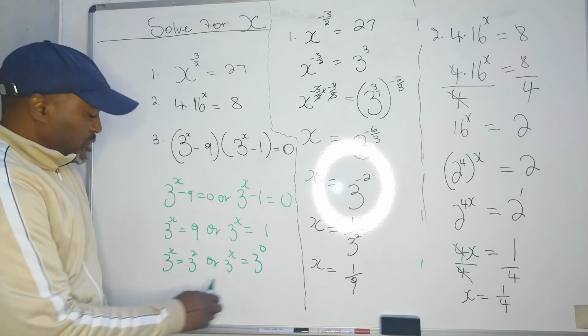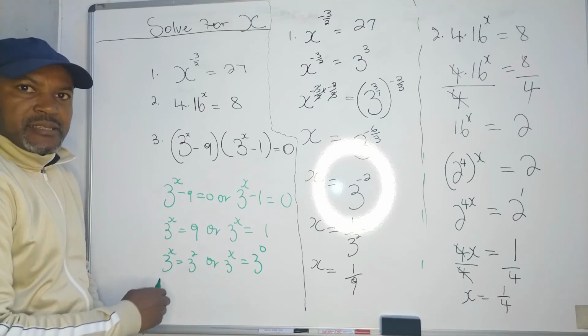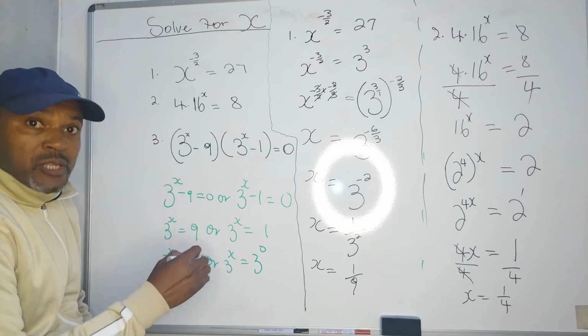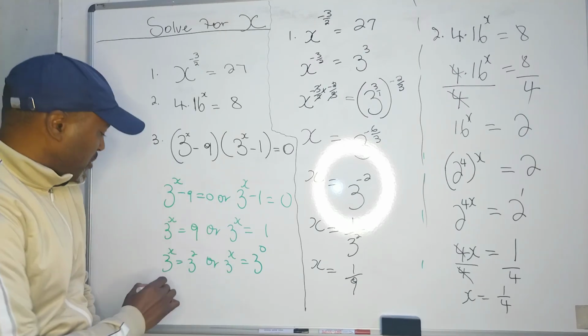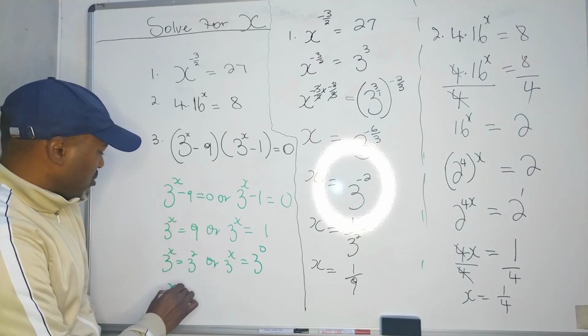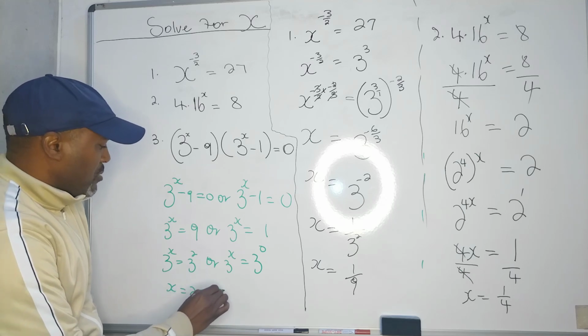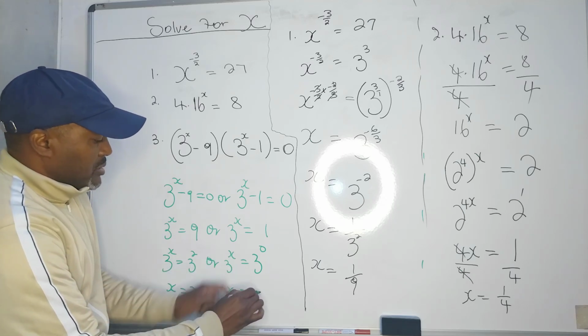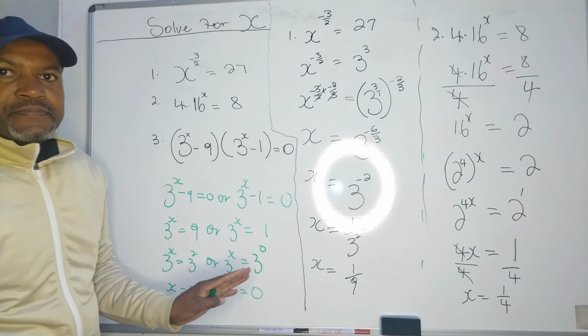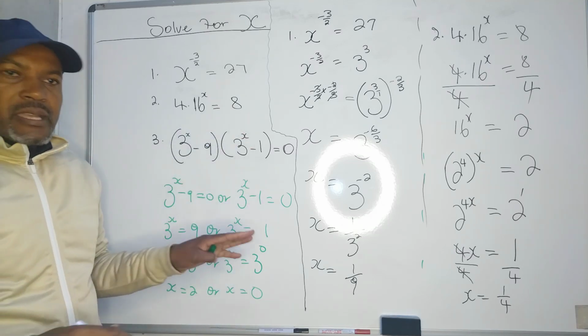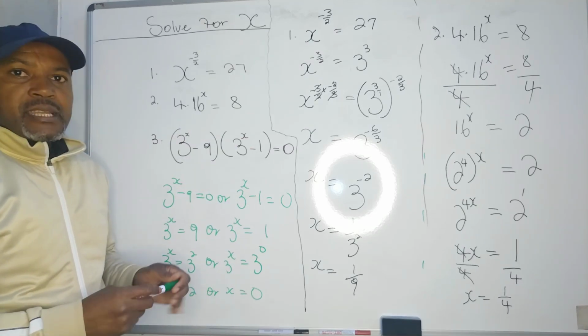The bases are the same, which means the exponents should be the same as well. Then we equate our exponents: x is equal to 2 or x equals 0. Then we are done. That is how you solve for x when you are given exponents like these.